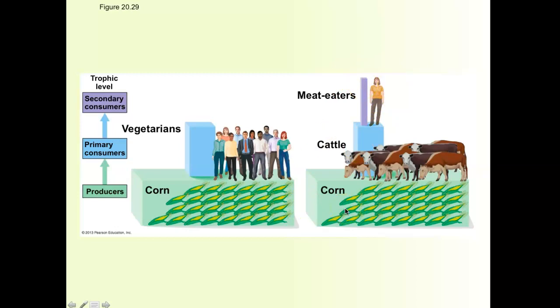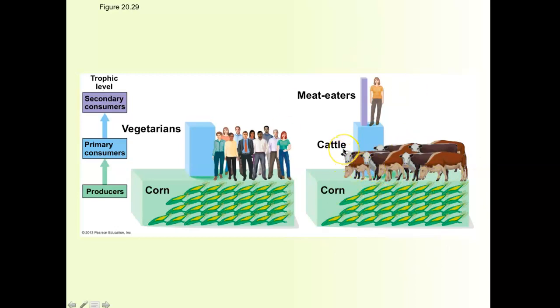So, an argument for being gentle on the planet and being sustainable is to choose food that is going to make you eat lower on the food chain. I'm not asking or telling you to be a vegetarian. I am not a vegetarian myself, but it is better for the planet if you don't eat a lot of meat.